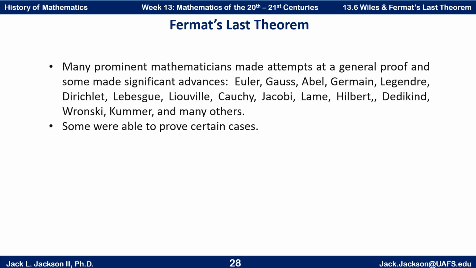Now, many prominent mathematicians, kind of a who's who of mathematicians, have made attempts at a general proof, and many of them made some significant advances, sometimes proving certain cases, sometimes making some headway.